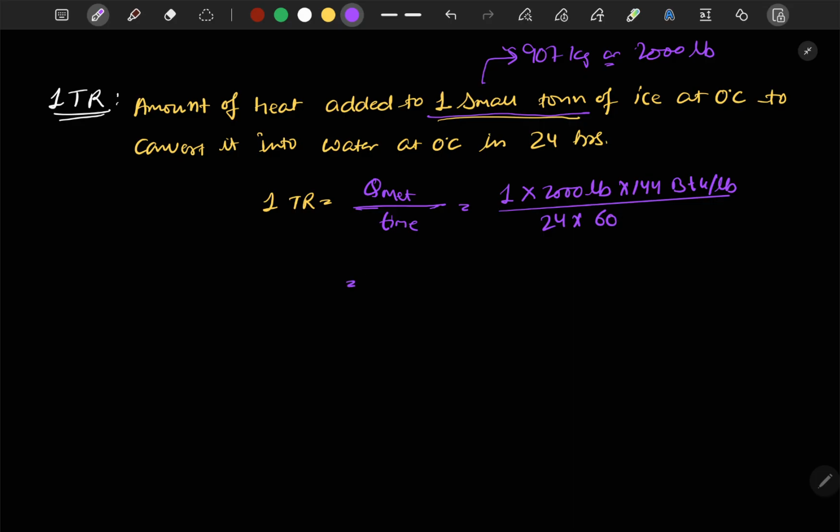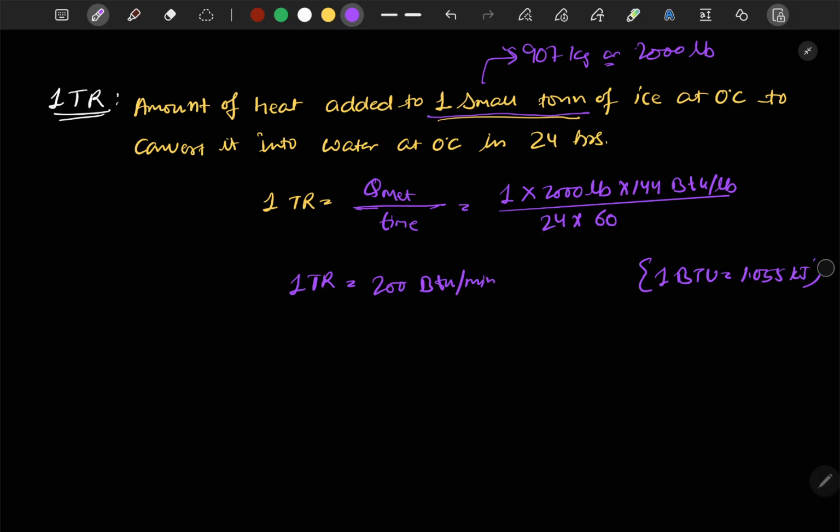So if we calculate 1 TR, on calculating this we will get 200 BTU per minute. But we know that 1 BTU is equal to 1.055 kilojoule.